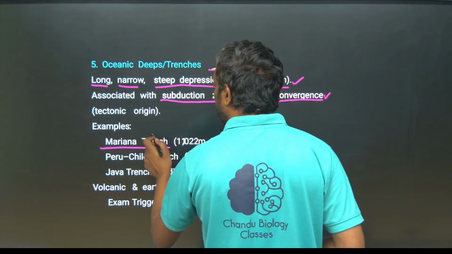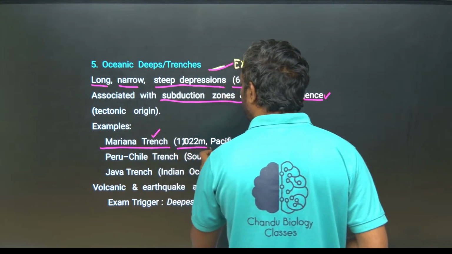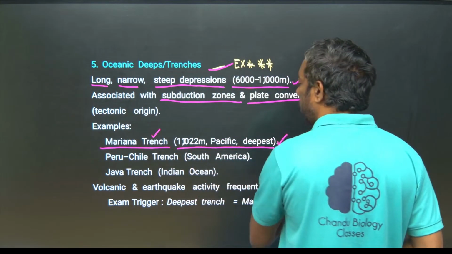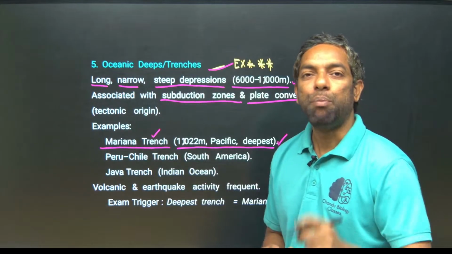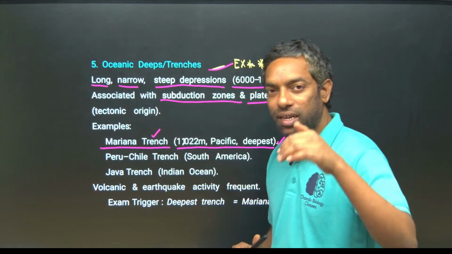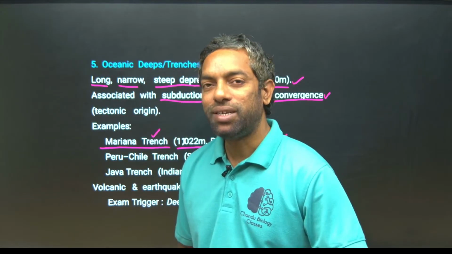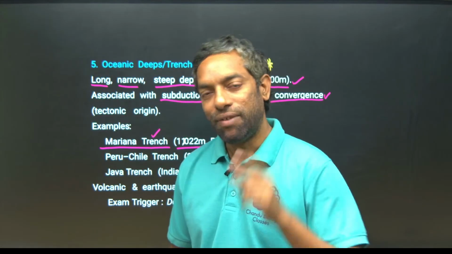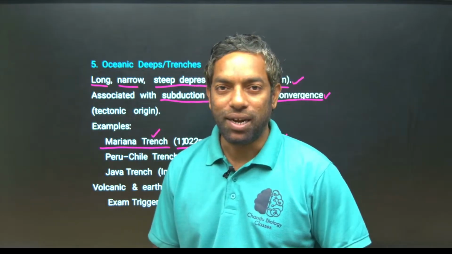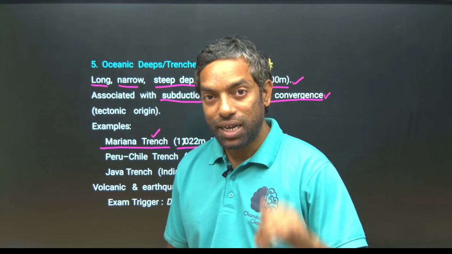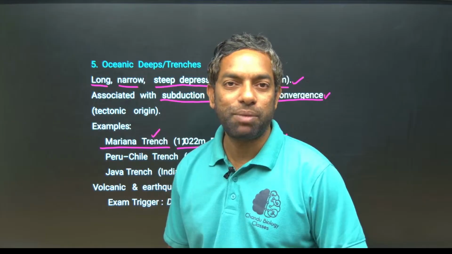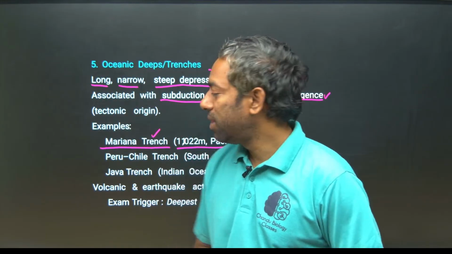The Mariana Trench in the Pacific Ocean is about 11,000 meters, the deepest. Everest is only 8,800, but the Mariana Trench is more than 11,000.